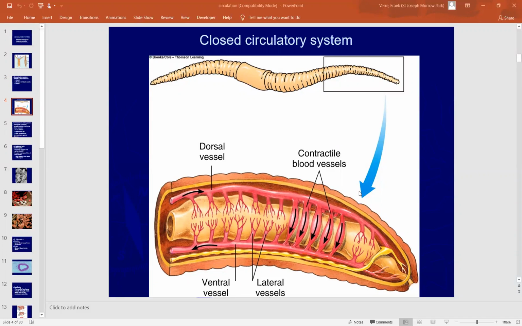We have one organ, the heart, that does the pumping for us. The earthworm has multiple little mini hearts that do that. But the idea is, for a circulatory system to work, you need the three things. You need blood vessels, blood, and you need some sort of a pump to move the blood around. Okay.